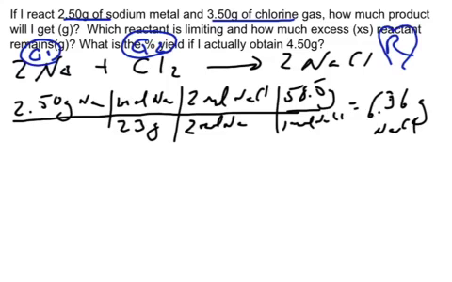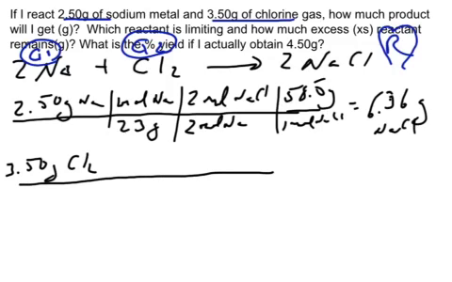All right, now what we do is we run the same calculation, only this time we do it with chlorine. And we notice our given's a little different. So we've got 3.50 grams of chlorine. Remember, chlorine's diatomic. Since chlorine's a gas, you could also get that as a volume. Either way, the next step, you go from whatever the quantity given is into moles. So 1 mole of Cl2 weighs 70.9 grams.